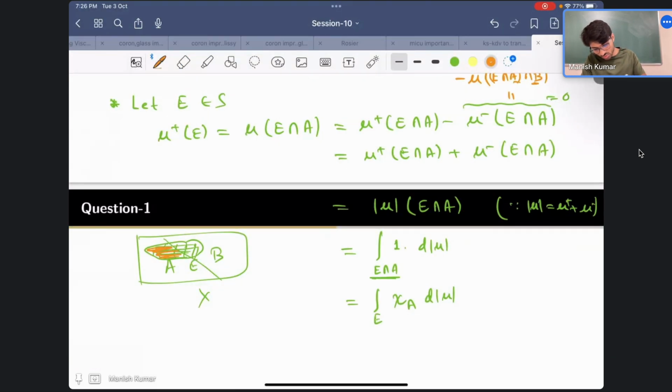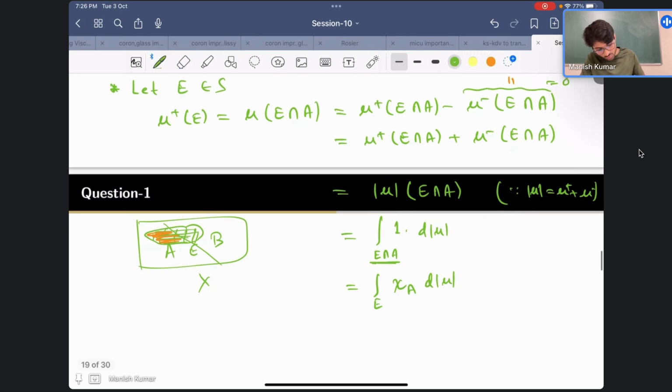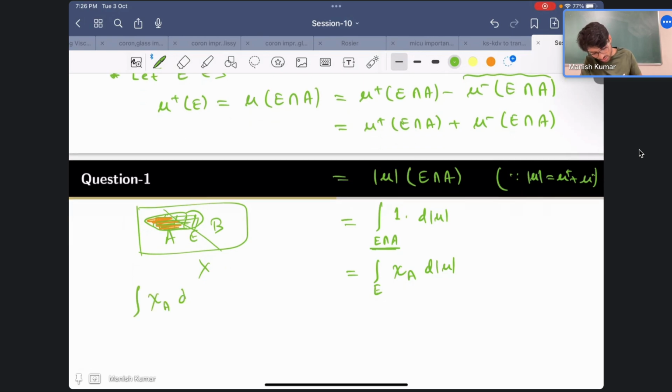If you want, you can also write it in another way: integrating over x the function chi of E times chi of A, d of mod mu.